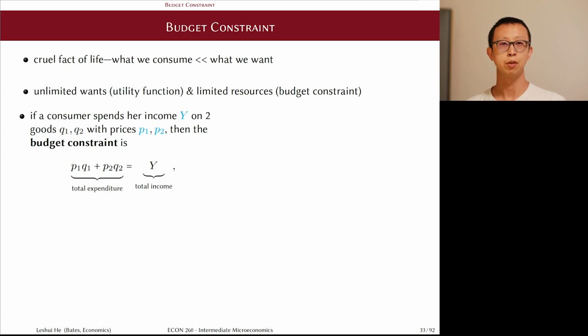If each unit of fruit has the same price of $2, apples or bananas, then I can buy up to 5 units of fruits in total. Any combination with more than 5 units of fruits would exceed my budget, so they are infeasible. And any combination with less than 5 units will leave some extra money in my wallet. And any combination with just 5 units would use up my budget.